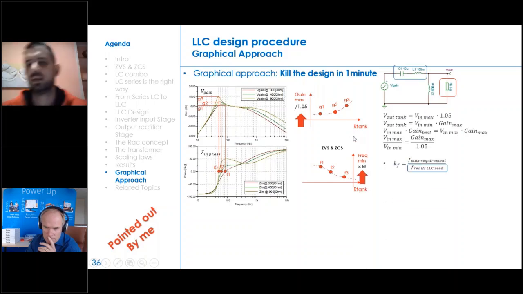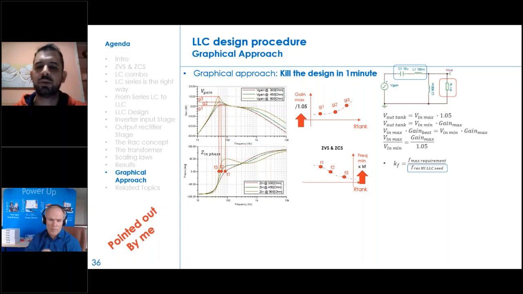What about the frequency scaling factor? We know that the frequency scaling factor can be calculated in both ways, by using the ratio between the maximum frequencies or the ratio between the minimum frequencies. Here it is the maximum frequency by requirements over the maximum resonance frequency imposed by the tank, this one here.